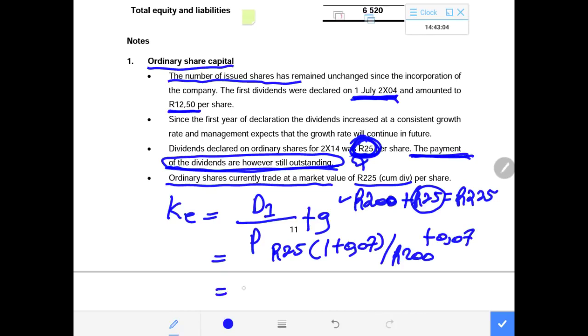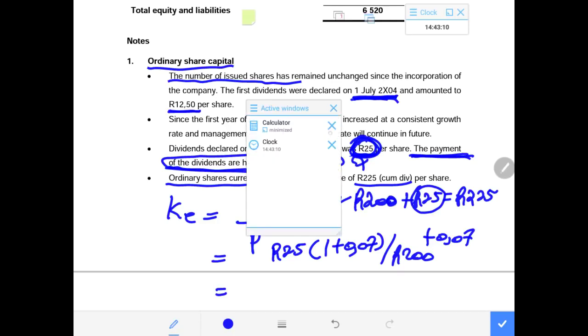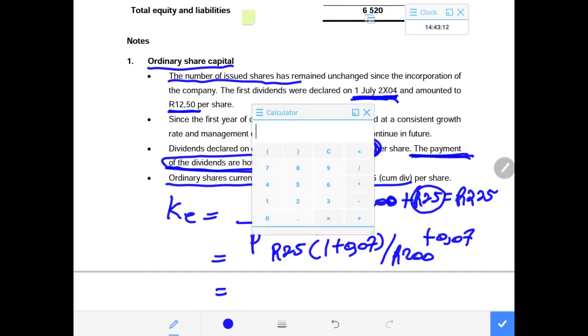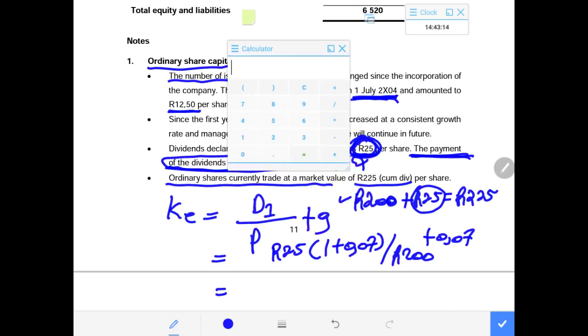So the cost of equity, meaning the cost of ordinary shares, will be 25 times 1.07, which is 26. Then we divide this by 200. Then we add 0.07.